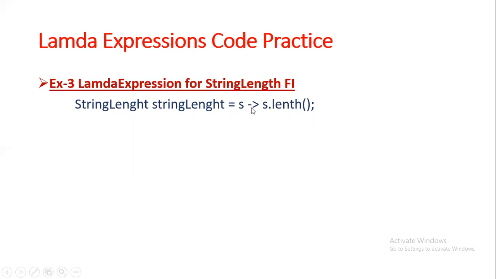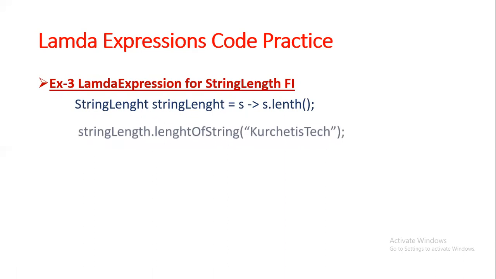To indicate the lambda expression, we provide the arrow mark. Afterwards, return s.length. For a lambda expression, the return keyword is optional, so we removed return here also. This lambda expression points to the StringLength functional interface. We need to call the method. Our method name is lengthOfTheString: stringLength.lengthOfTheString.